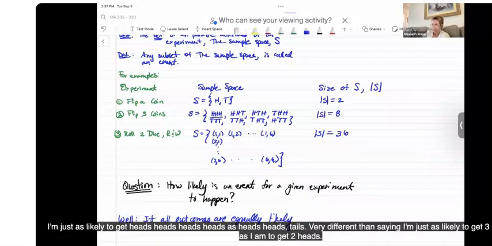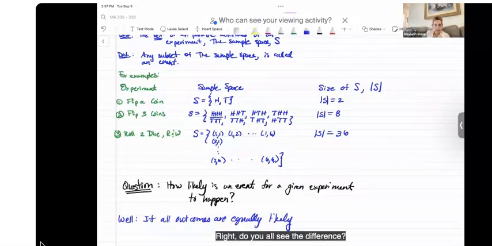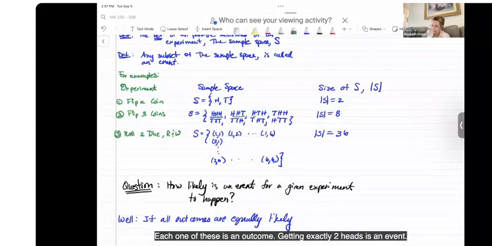I'm just as likely to get heads, heads, heads as heads, heads, tails. Very different than saying I'm just as likely to get 3 heads as I am to get 2 heads, right? Do y'all see the difference? Each one of these is an outcome. Getting exactly 2 heads is an event.